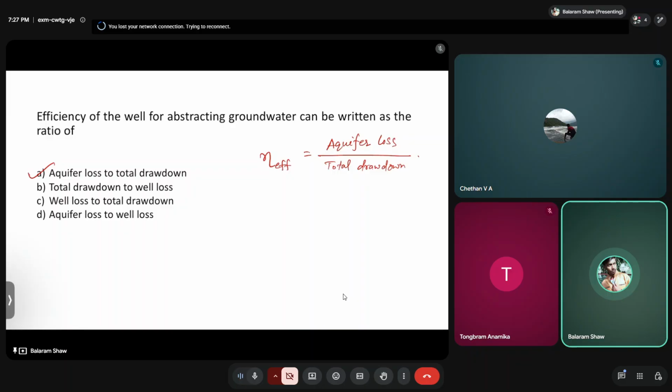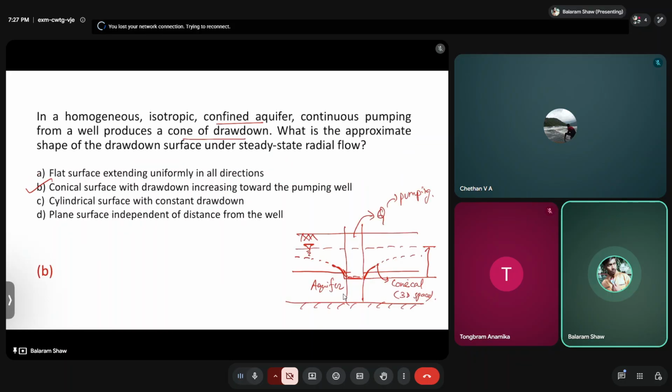Okay, so here, where is the head loss? Let's say the water level has dropped from this to this. We see this as head loss, that is HL. Okay, now this head loss is because of the pumping happening, right? So the distance between the pumping water level and the static, or let's say the rest water level, is called drawdown.